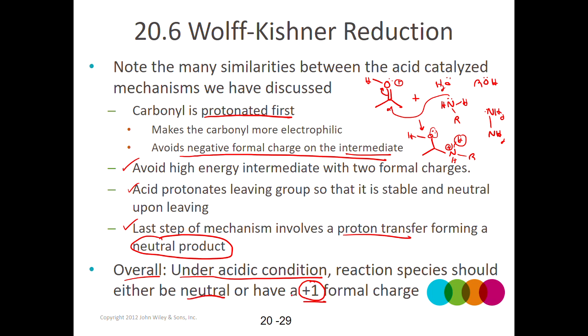You shouldn't form any negatively charged intermediates, right? If there's a proton around, anything that would normally be negative is going to already have picked up a proton. So you can avoid negatively charged intermediates as a good rule of thumb for these reactions.